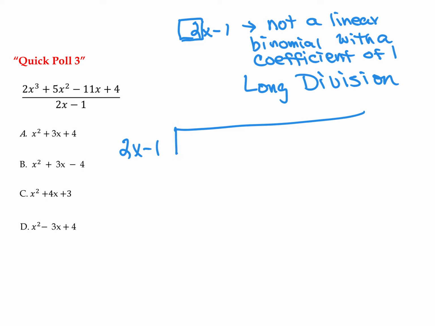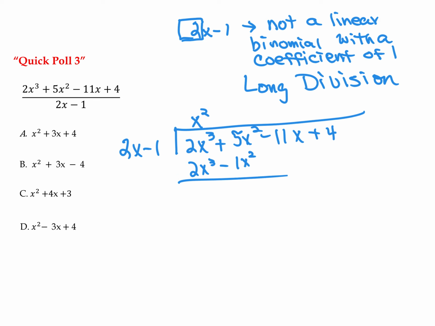We're dividing into 2x cubed plus 5x squared minus 11x plus 4. And we're going to divide 2x cubed divided by 2x. We'll go x squared. Multiply, we get 2x cubed minus 1x squared. Take the opposite. This becomes negative. This becomes positive. I get 6x squared, and I bring down the next term.